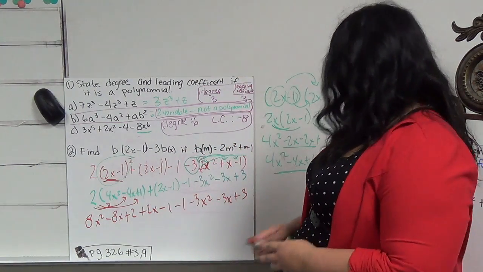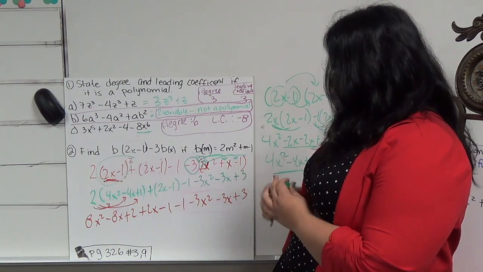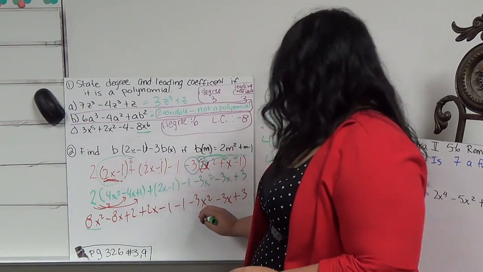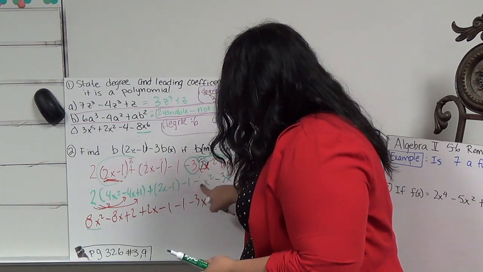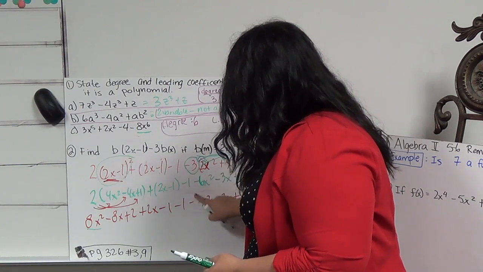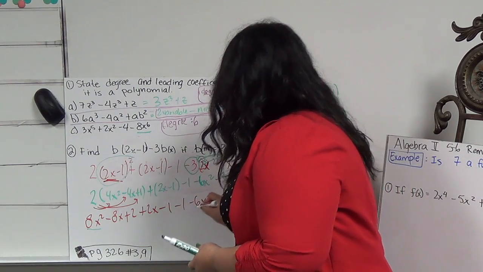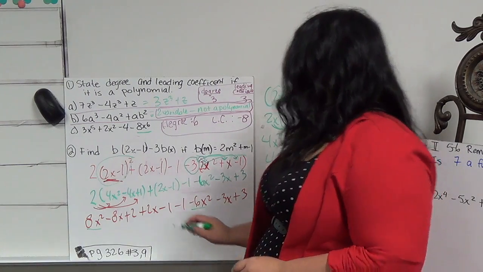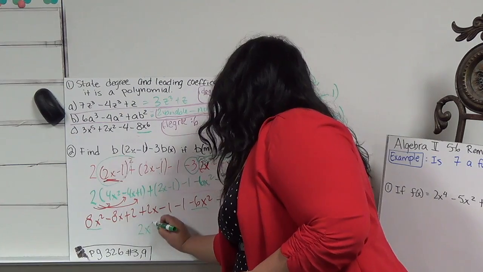And from here, I just combine my terms. So I have 8x squared minus, ooh, sorry. So this is supposed to be 6. So 8x squared minus 6x squared, which is 2x squared, yes.